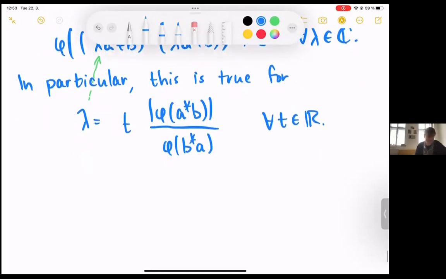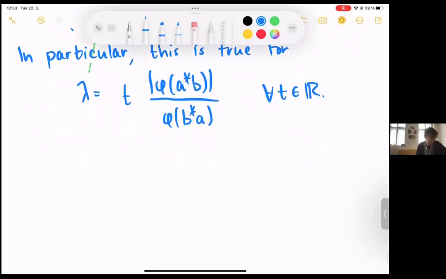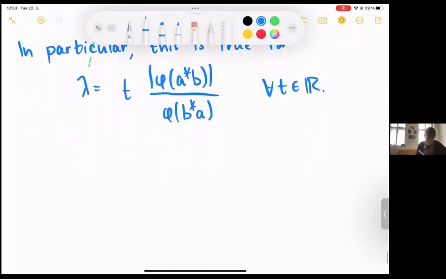And what we get, I suppose I will spare the glorious details. You're free to check them, of course. It's just plug in and expand.